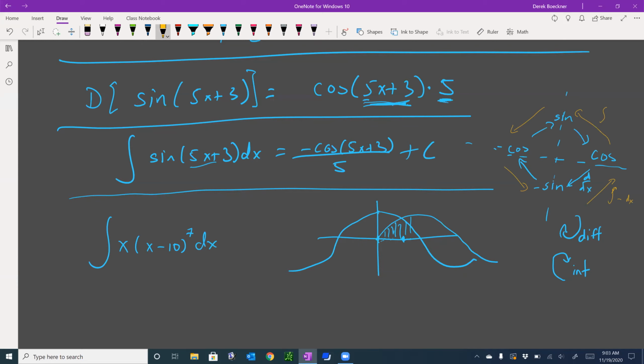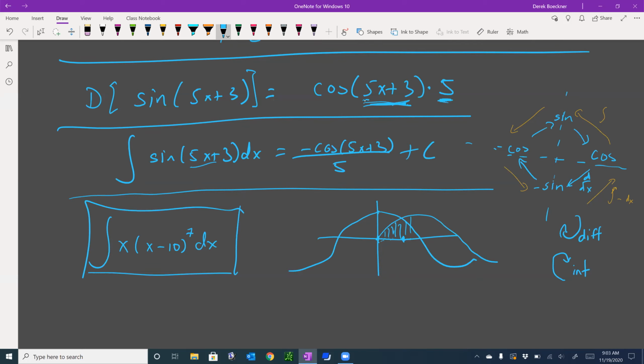Okay, let's try this one again. Get back to this one. What looks like the inside function here? X minus 10? Yeah.